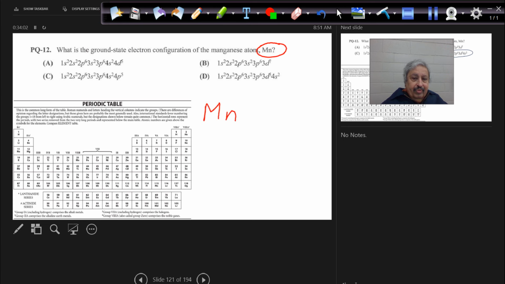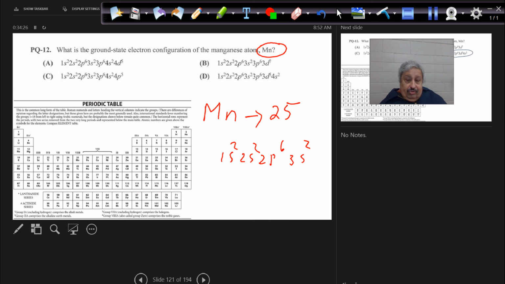Manganese, ask yourself, how many electrons does manganese have? 25, correct? 25 electrons. Atomic number is 25. So you start 1s2, 2s2, 2p6, 3s2. What period is manganese in?